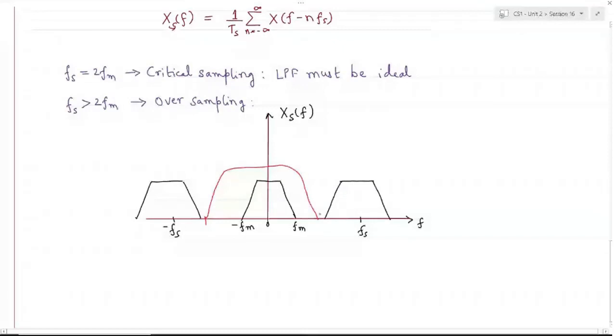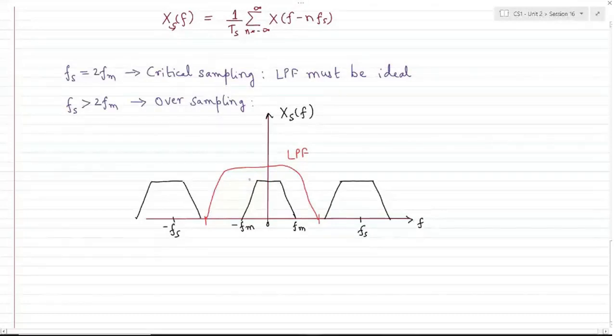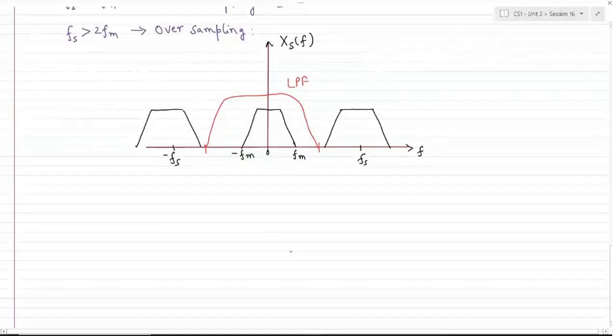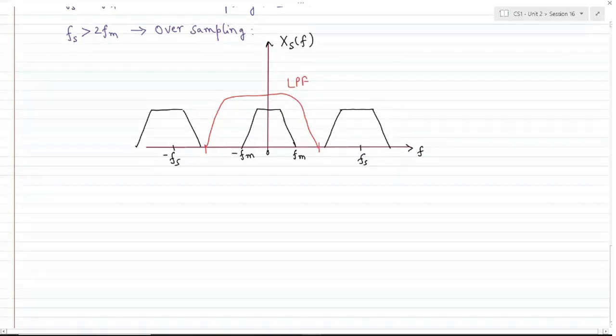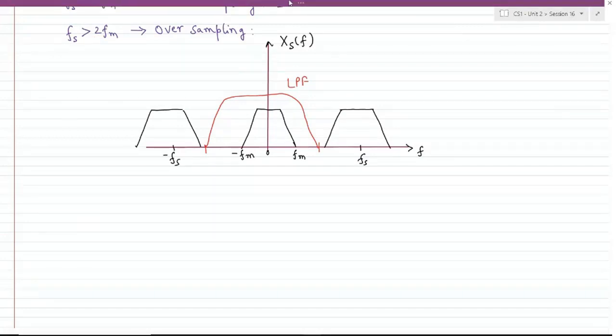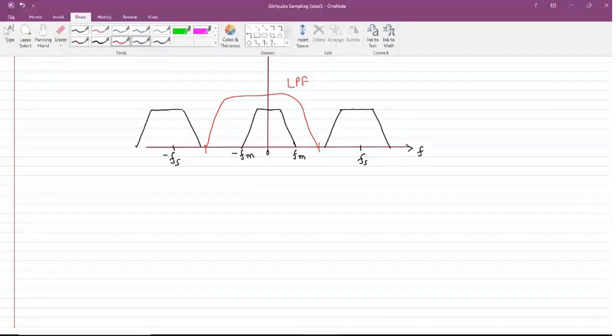If these are the cutoff frequencies of this low pass filter, then definitely I will not be taking samples from the adjacent replicas of your original samples at n equal to 0. This is how I can avoid any overlapping between the adjacent samples if I sample at a rate much greater than 2 fm. That is one of the important noteworthy points at this stage.